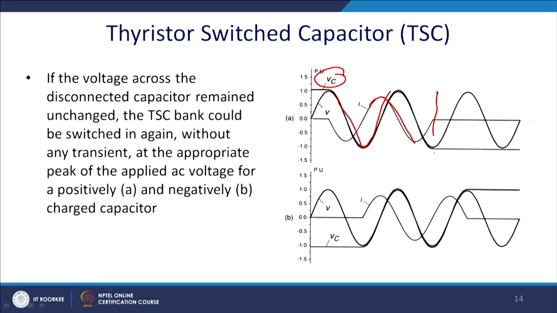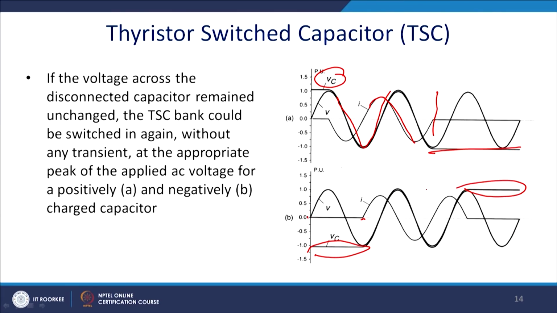Then again it will hold the voltage of minus Vc. It was conducting initially, and it was non-conducting, but holding a minus Vc voltage. Then while off, it will hold a positive voltage. This kind of feature you will find across the capacitor voltage in the case of the TSC.